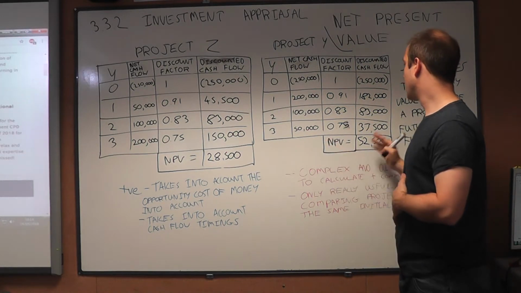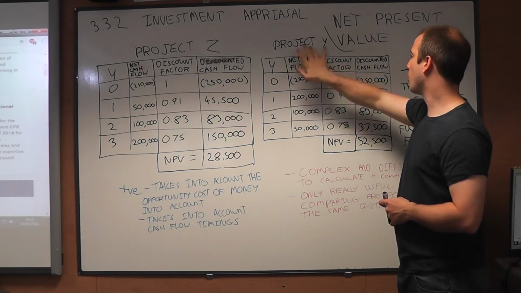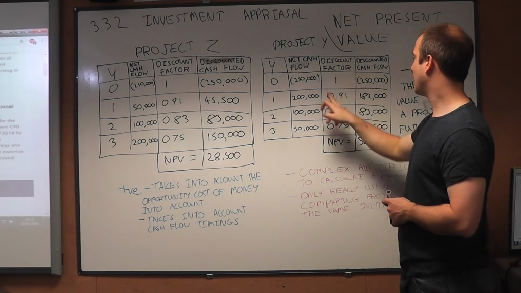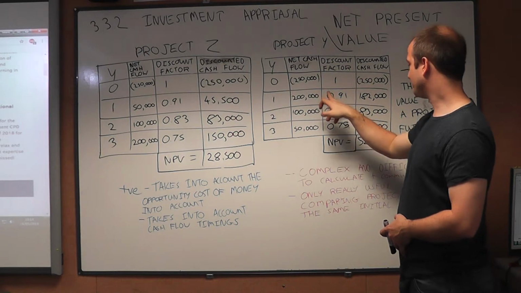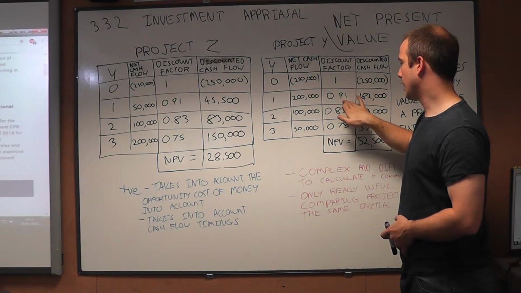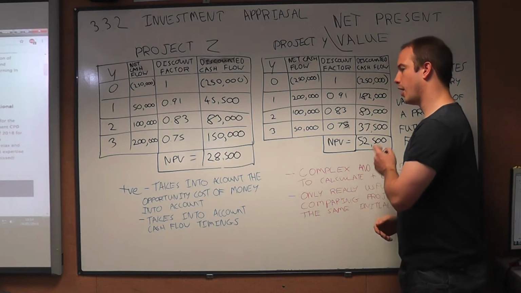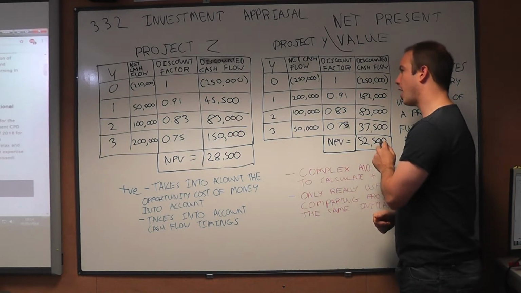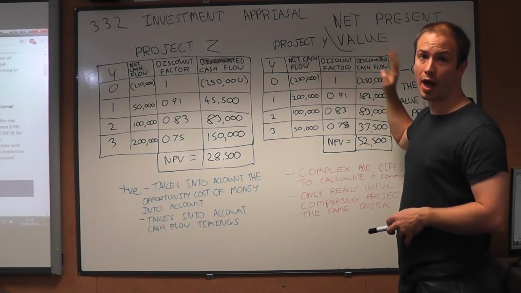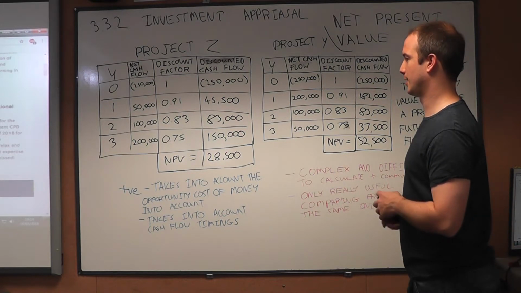But because the higher cash flows are coming earlier with Project Y, when the discount factor is less significant, our net present value is much higher with Project Y. So we consider Project Y to be a much more profitable investment for this business.